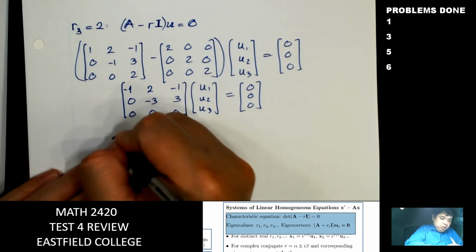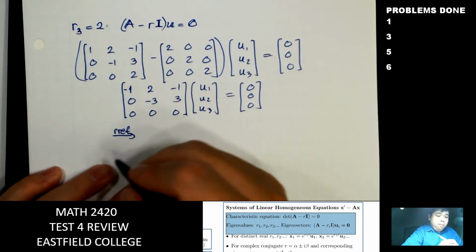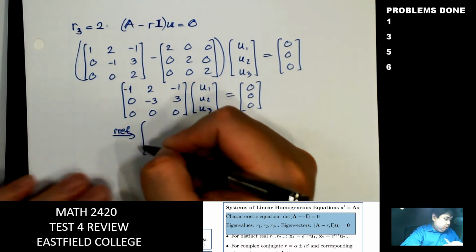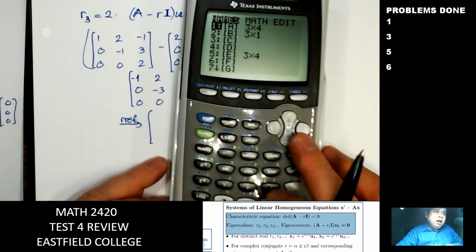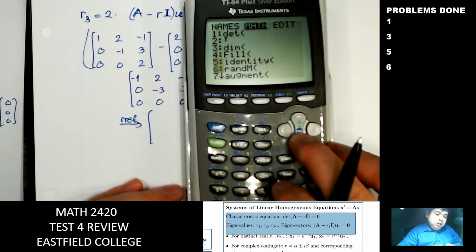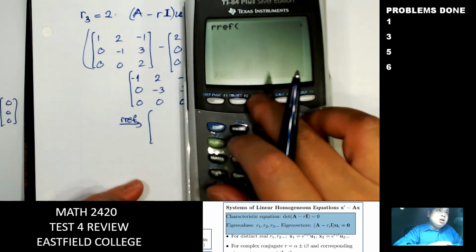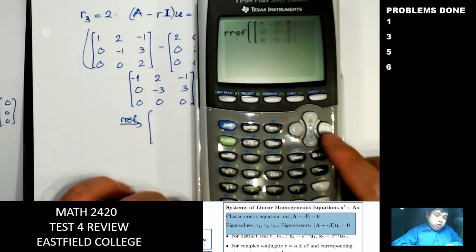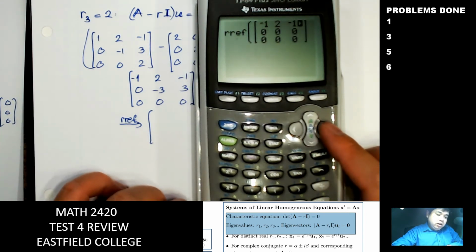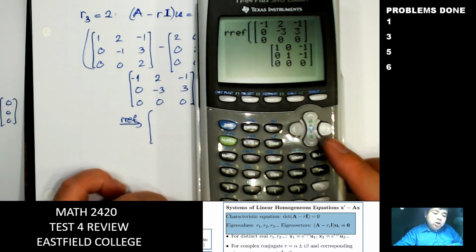Anyway, let's do the reduced row echelon form for this one. Right, the second matrix, reduced row echelon form. Minus 1, 2, minus 1, 0, minus 3, and 3. So we have that.